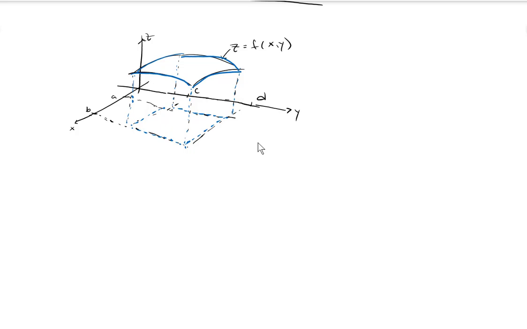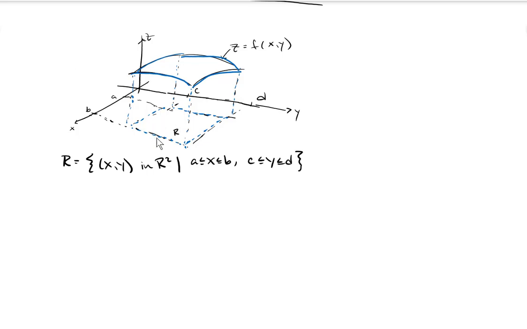We're going to call this little rectangle R. So the way I could describe that rectangle is the set of all points in the plane so that x is between a and b and y is between c and d.